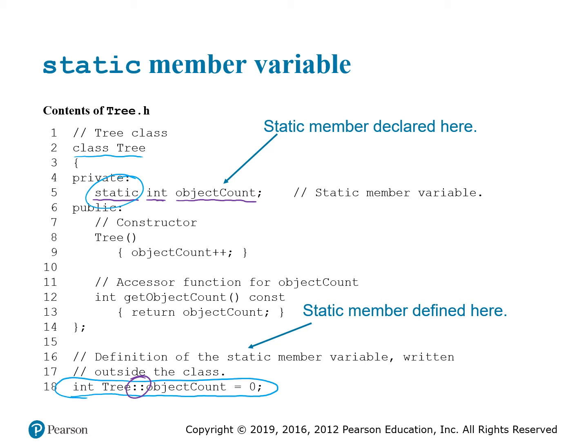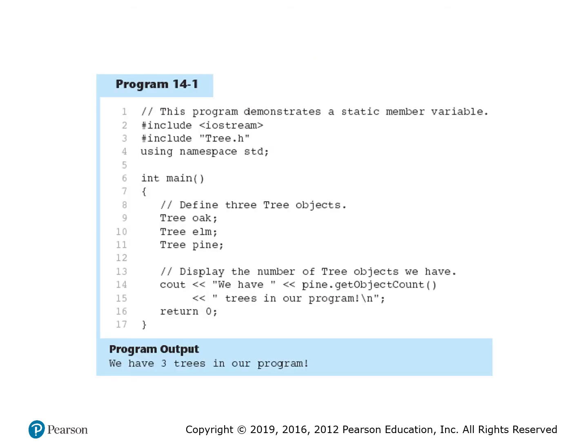For some reason, we don't use the dot notation for static members of a class. You can in other languages, C# and Java, for example, but in C++ we use the scope operator instead of the dot operator. Okay.